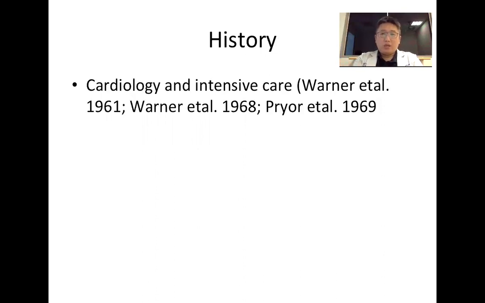They used a lot of cardiologists and the intensive care unit to build the clinical decision support system. Also, Homer Warner is the pioneer who created the medical informatics program at Utah. So maybe Homer Warner is kind of the grandfather, or the first guy who invented this area.